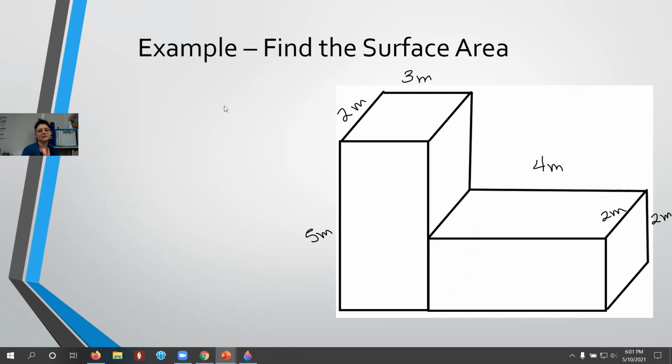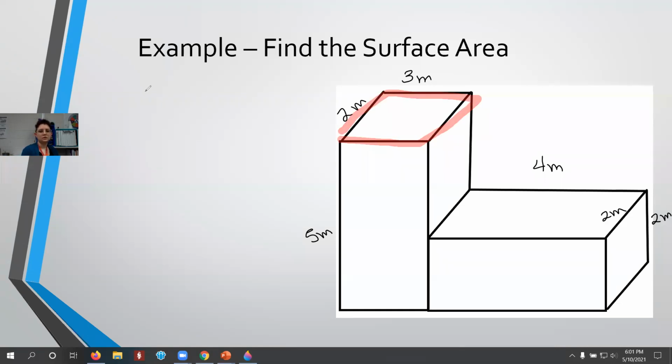Okay, so let's start with the larger rectangle. So we have two rectangles here, and let's look at the first one. We can see this 2 by 3 section facing the top is visible, so we would count that in our surface area.